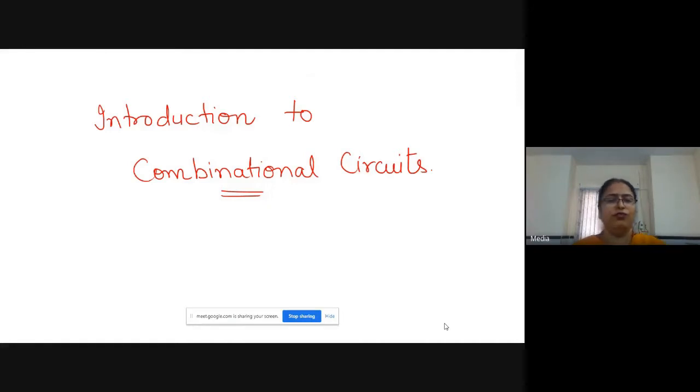So in this series on digital electronics, we have come to combinational circuits. What are combinational circuits? Combinational circuits are logical circuits in which the gates are connected in such a manner that the output is not fed back to the input, and the present input alone is responsible for the output.